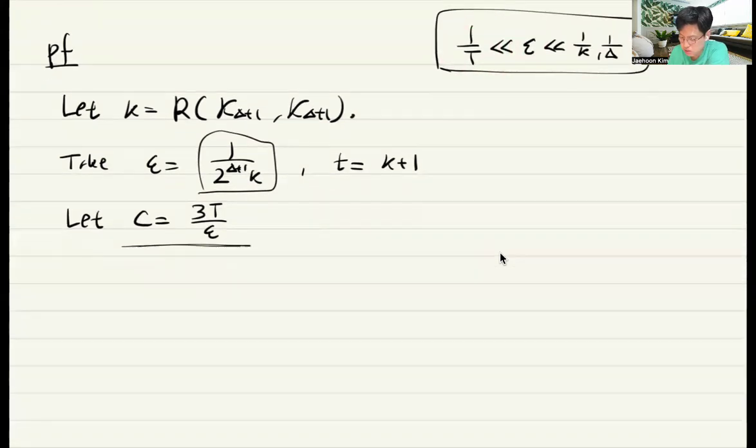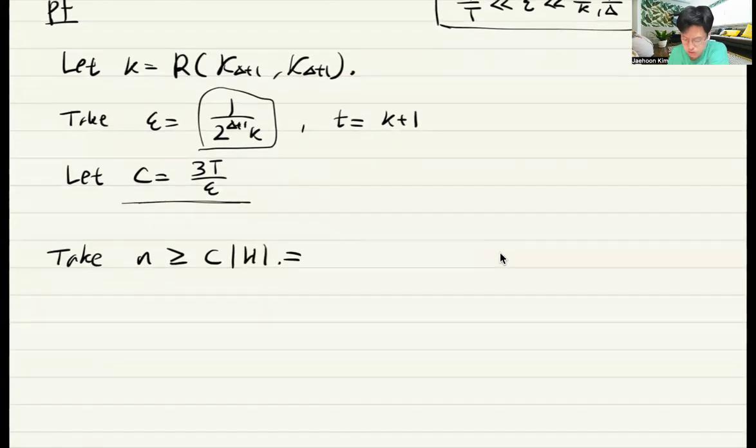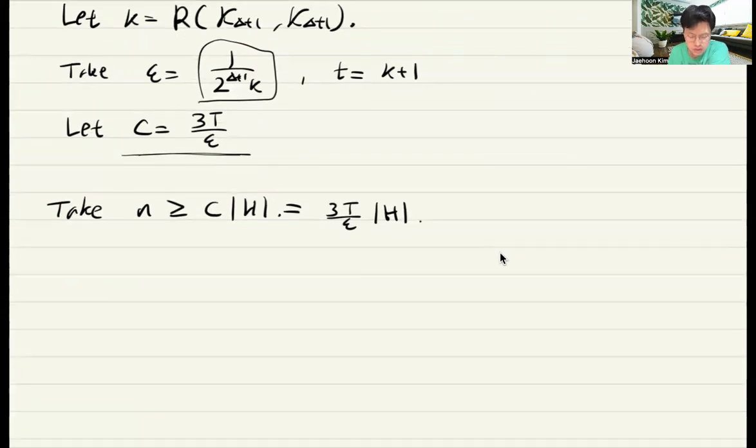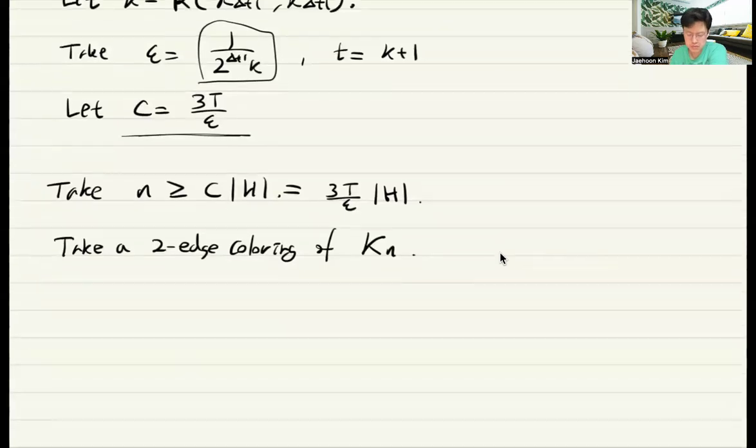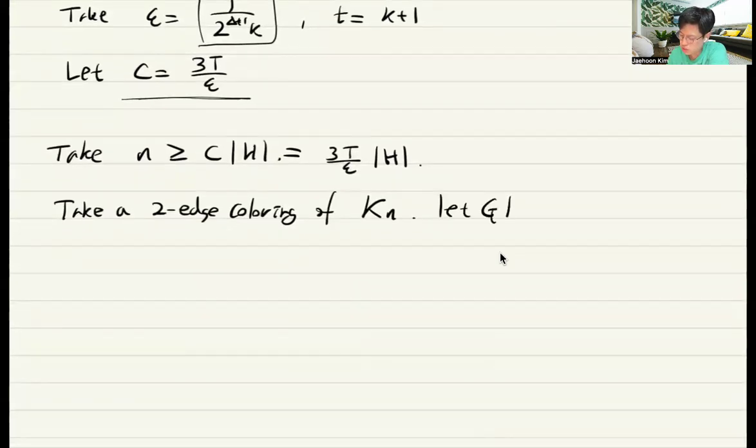So we take n to be bigger than C times the number of vertices in H. So here this is like 3 times t over epsilon times the number of vertices in H. What do we want to do? We take a 2-coloring of K_n, and let G be the graph with red edges.